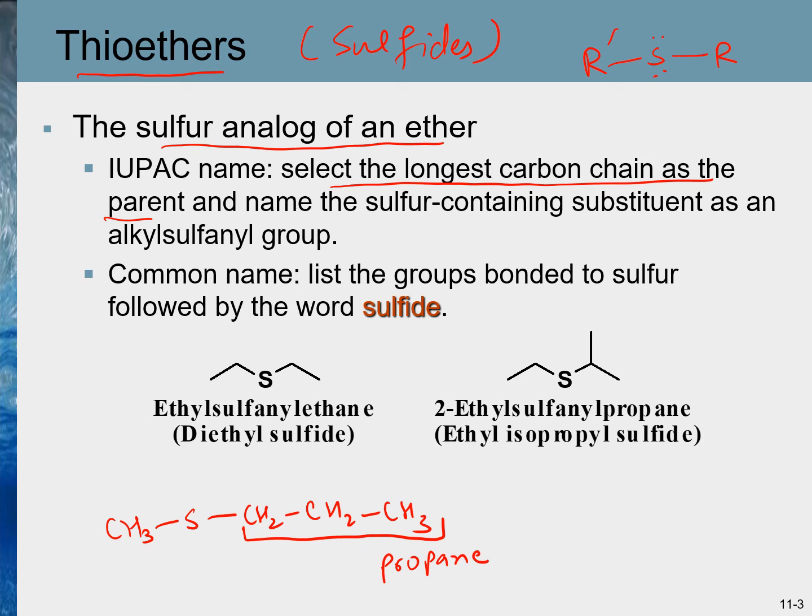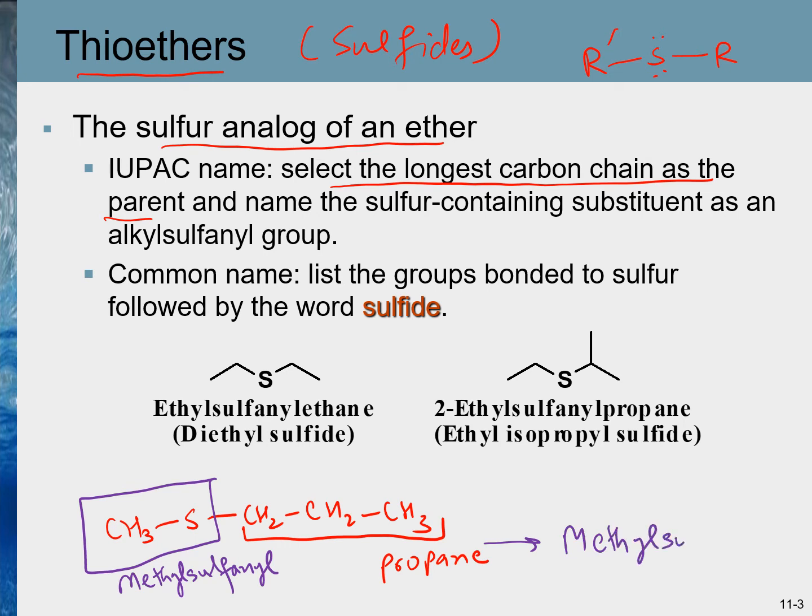Then the sulfur atom along with the smaller alkyl group will be considered as a substituent, and the name of this substituent is alkylsulfanyl. So in this case it will be methylsulfanyl. Therefore the complete name will be methylsulfanylpropane.